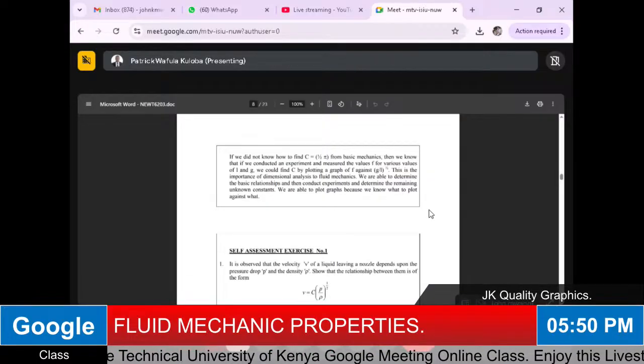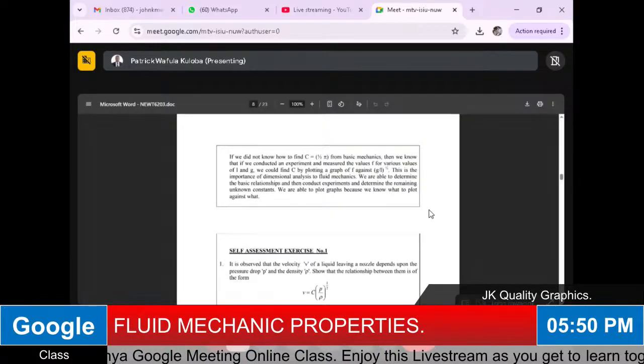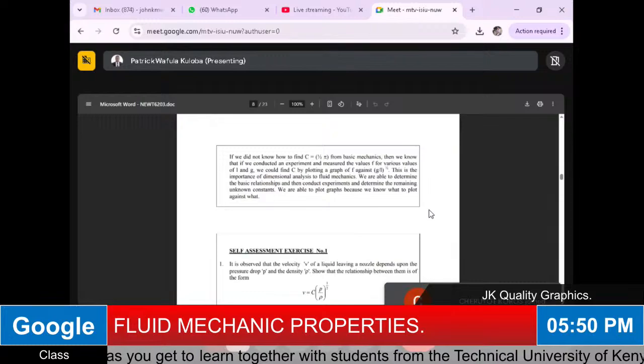The MLT equation for pressure: pressure is force per unit area. So the MLT equation for pressure is M L raised to minus 1 T raised to minus 2.